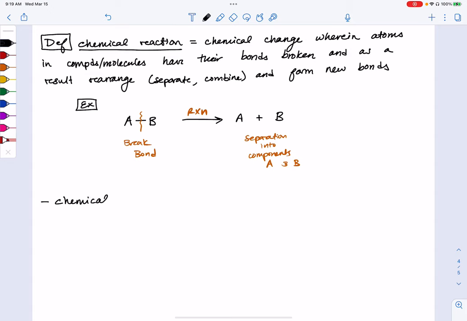Now, as we would hope, chemical reactions follow the law of constant composition, but I like to think about this as the law of conservation of matter or mass.